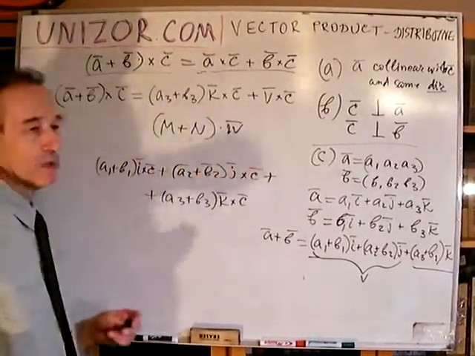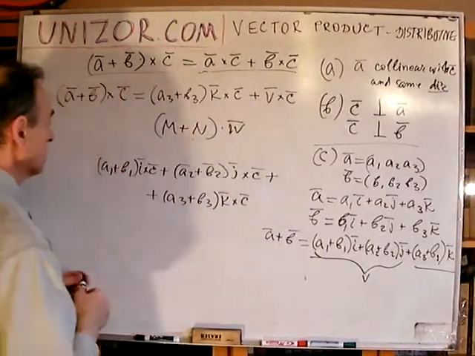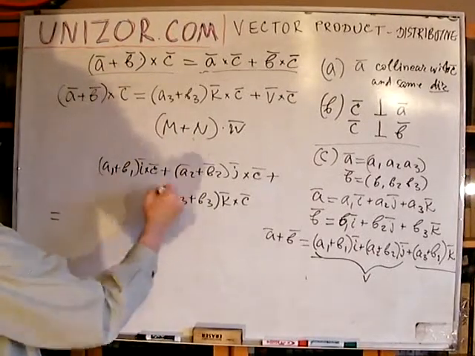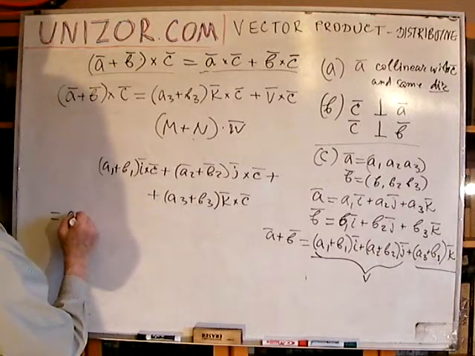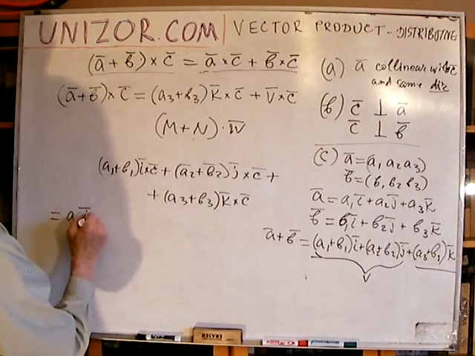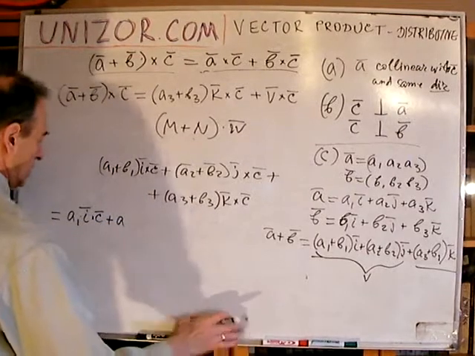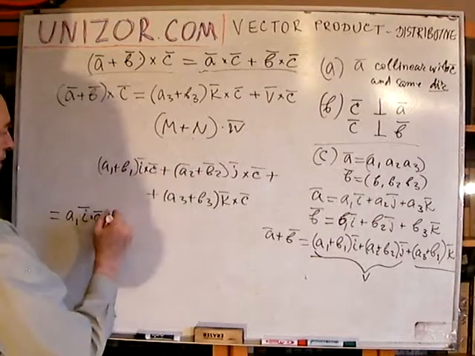Now, with multiplication by a scalar, the distributive law works without any problems, and therefore I can open all these parentheses. It is equal to A1 times IC plus B1 IC, or actually I will group them.